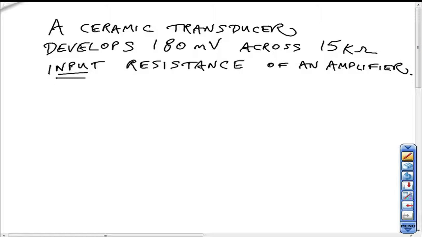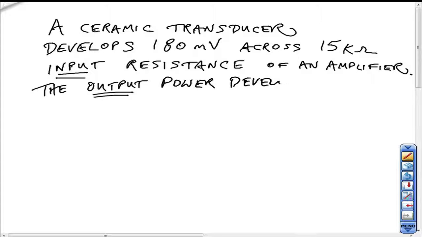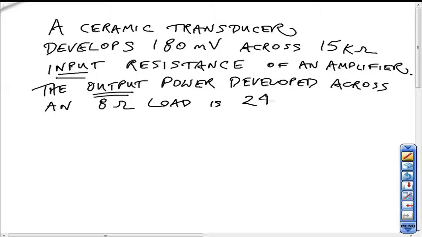And then we're also told some information about the output. Another important word to pay attention to: the output power developed across an 8 ohm load is 24 watts.